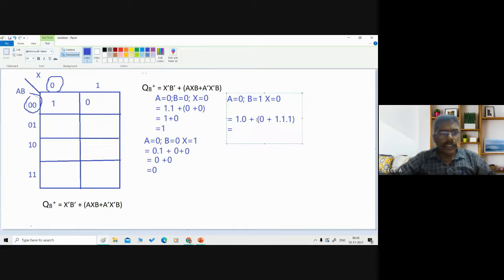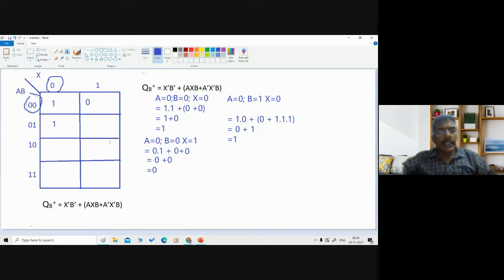So 1 into 0 is 0, 1 into 0 is 0, 0 plus 1 equal to 1. So the final answer equal to 1. So I can put the value here, a equal to 0, b equal to 1, x equal to 0 equal to 1. Okay, similarly we just have to substitute all the values.